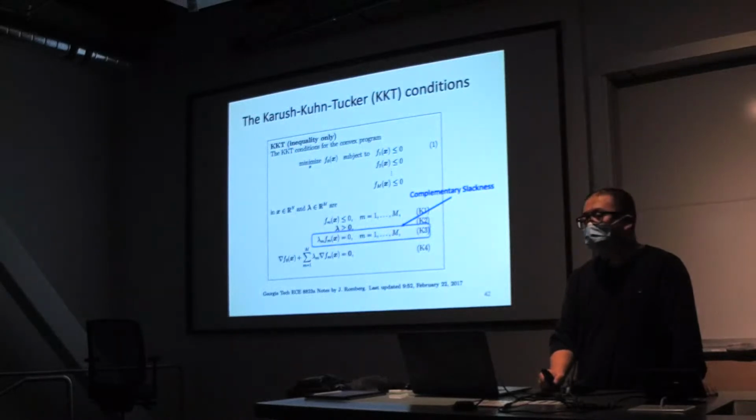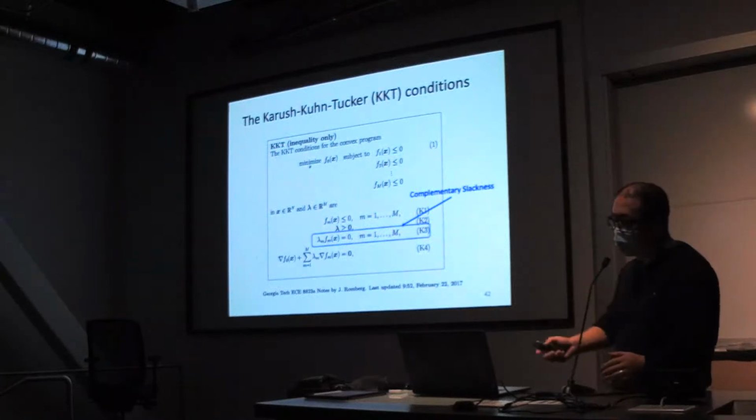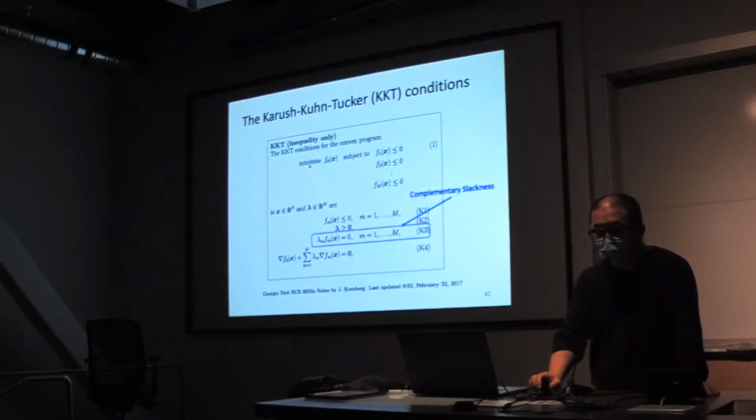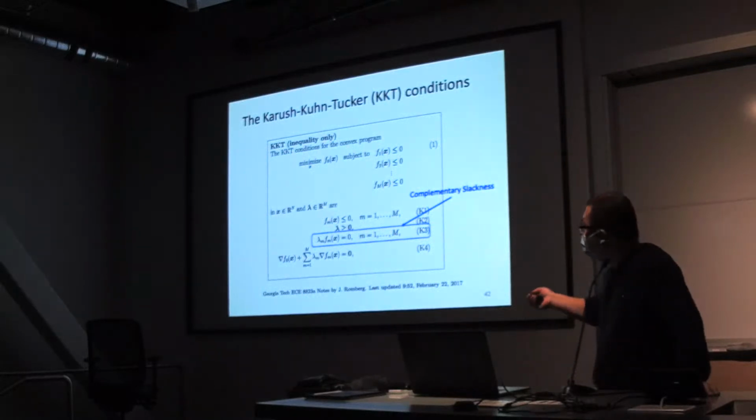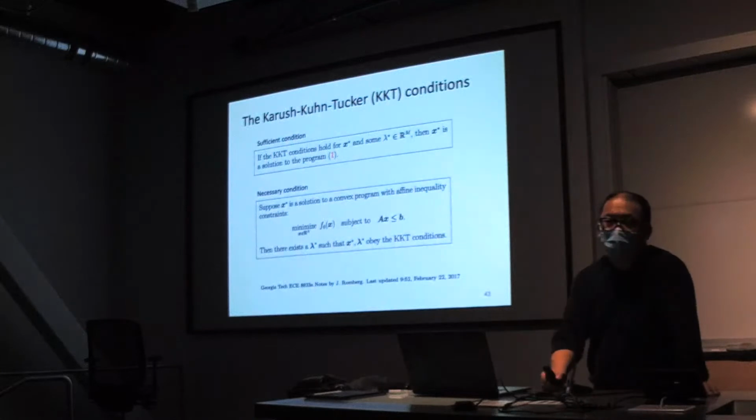But someone may ask, in what cases can KKT conditions be both sufficient and necessary, meaning that for any solution of this constrained optimization problem, there exists a corresponding lambda such that they satisfy the KKT conditions? In that case, you have to simplify the form of the constraint functions.